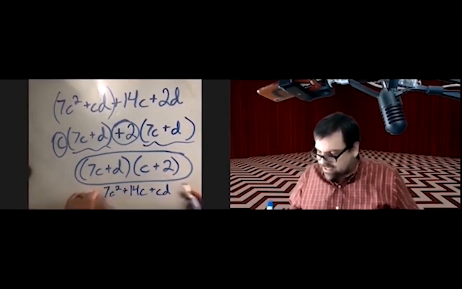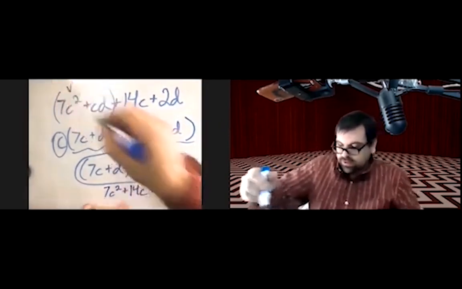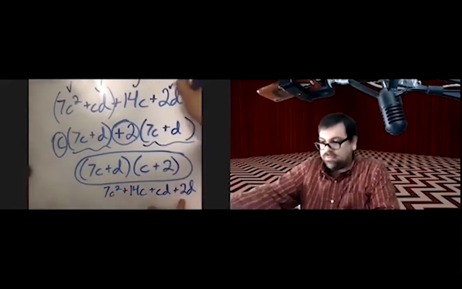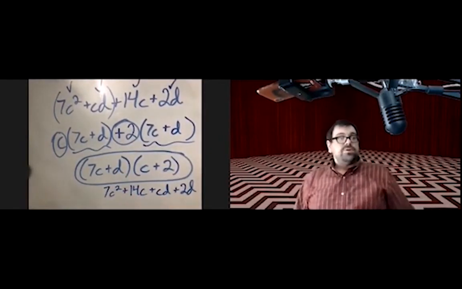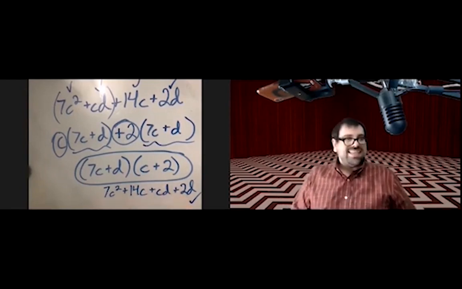Last, 2 times d is 2d. 7c squared plus 14c plus cd plus 2d. Those are our 4 terms. We got it right. We could have also had c plus 2 first and 7c plus d second.